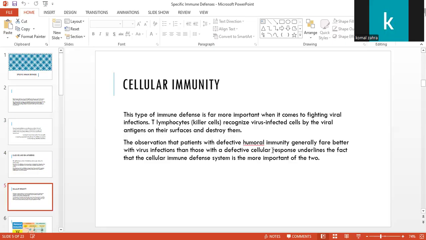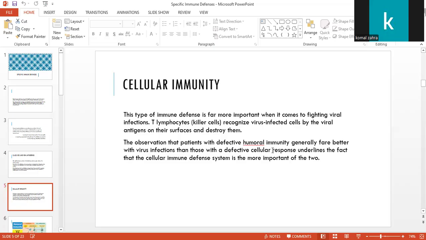Another immunity is cellular immunity. This type of immune defense is far more important when it comes to fighting viral infections. Cellular immunity has a greater role in viral infections. T lymphocytes, killer cells, recognize virus-infected cells by the viral antigen on their surfaces and destroy them.